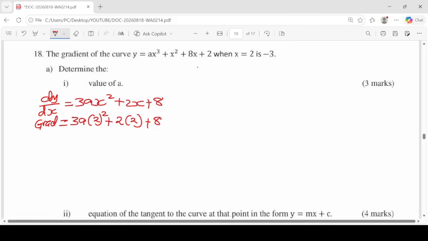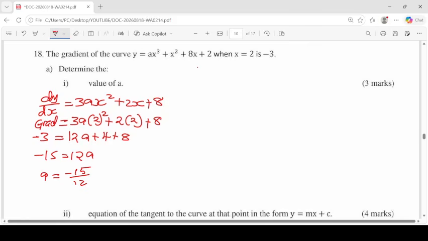Remember our gradient here is negative 3, so negative 3 is equal to 12a plus 4 plus 8. So 12 goes there: negative 3 minus 12, this is negative 15, is equal to 12a. So what is the value of a? A in this case will be given by negative 15 over 12.